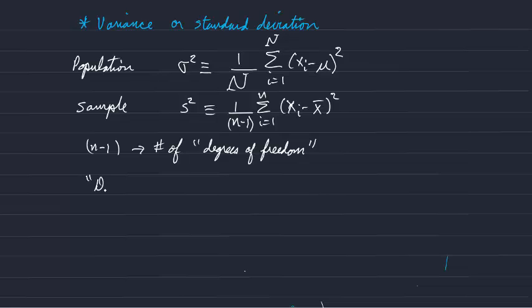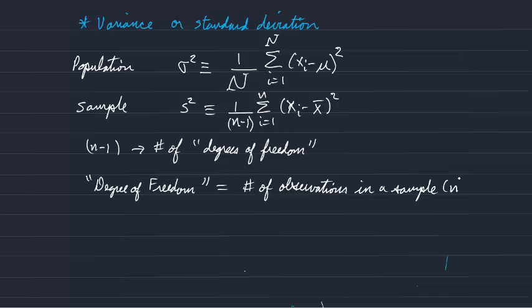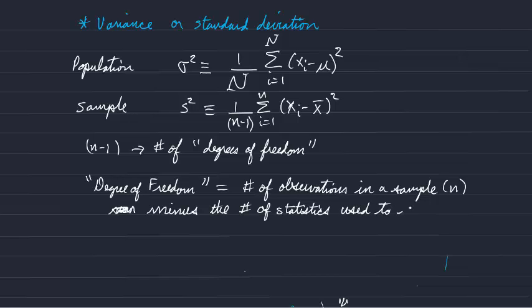And a definition of a degree of freedom for calculating statistics is the number of observations, which in this case is little n, minus the number of statistics used to estimate a parameter.